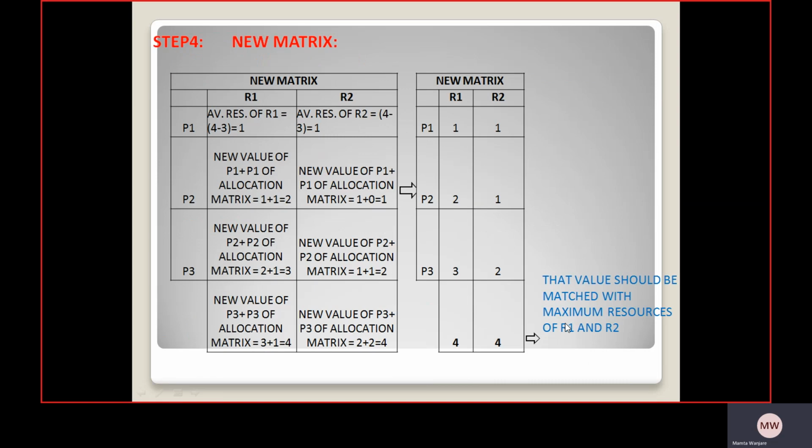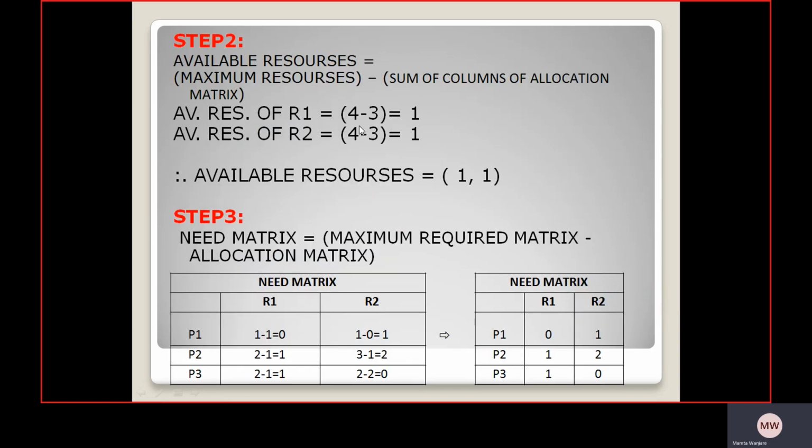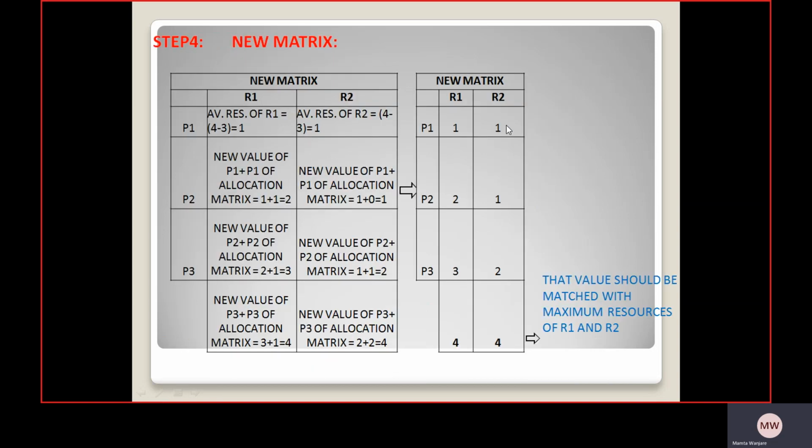Then the next step, the fourth step, is to find out the work matrix or new matrix. In that, our P1 always considers the available resource, that is available resources R1 and R2. So we directly put that value into the new matrix table, so that comes to 1 and 1. Whenever you go for the P2 value, take the new value of P1 that we calculated plus P1 of the allocation matrix.